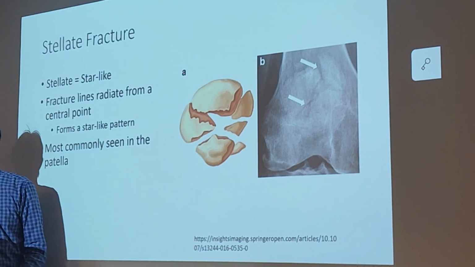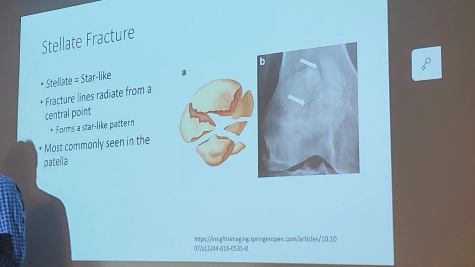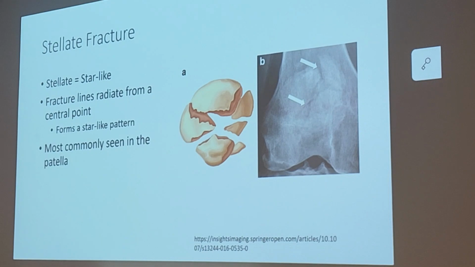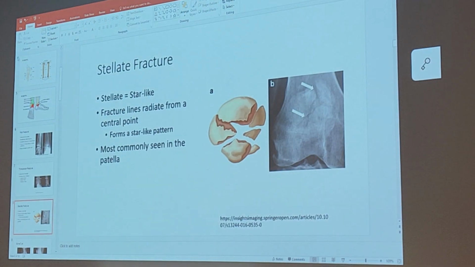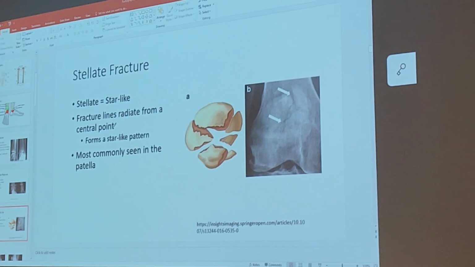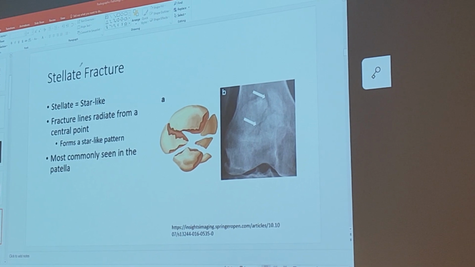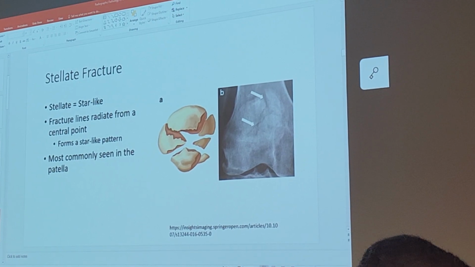Does that make sense? Like Patrick from SpongeBob, right? Or how kids like to draw stars, like right here, that's a star. And now you just imagine that this is on a bone, and that's how it fractures.